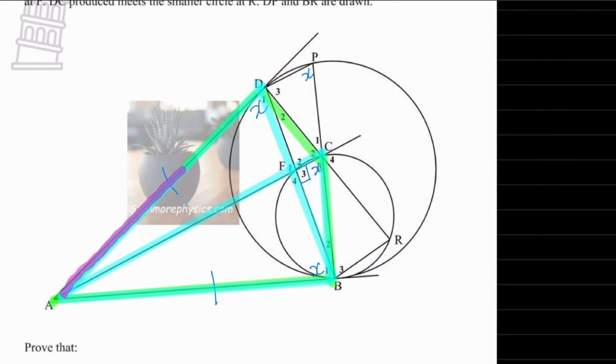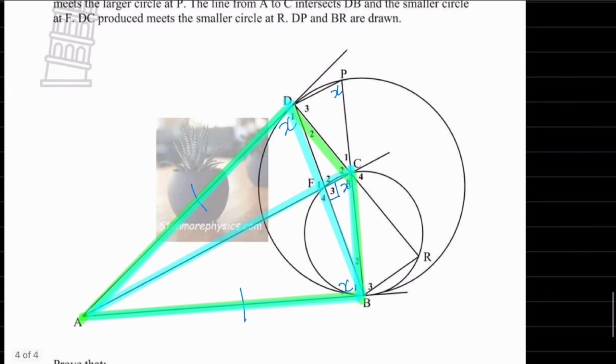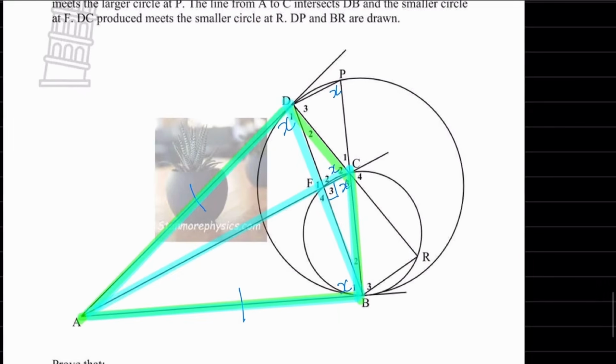Here's my chord, or segment, if you will. Means that this angle right here is going to equal this angle right here. So since that's X, C2 is also going to equal X. Right? So C2 will equal X as well.